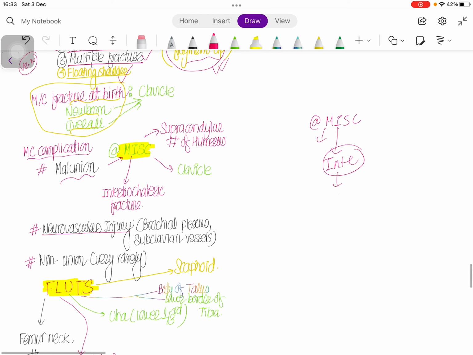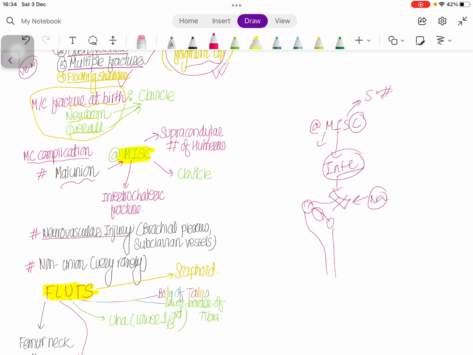In that, the greater trochanter and the lesser trochanter, if there is a fracture in the lower limb, then the intertrochanteric fracture has more chance of malunion, and the neck of femur has more chance of non-union. And then supracondylar fracture of the humerus also has malunion as a complication, and the clavicle also has the complication of malunion.